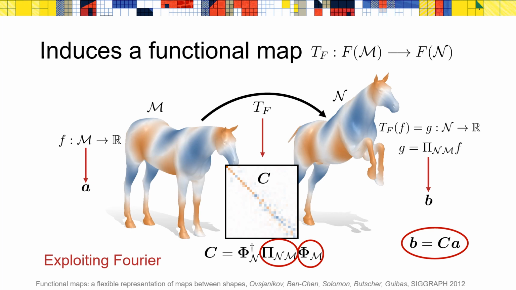Then we can transfer the signal from the definition of the function g, applying the matrix pi, and finally we can project the signal transferred on the shape N, multiplying the signal with the pseudo inverse of the matrix phi N, that corresponds to computing the coefficient of this signal in the Fourier basis on N. And so the composition of these three matrices gives us an explicit equation that can be used to compute the functional map C.